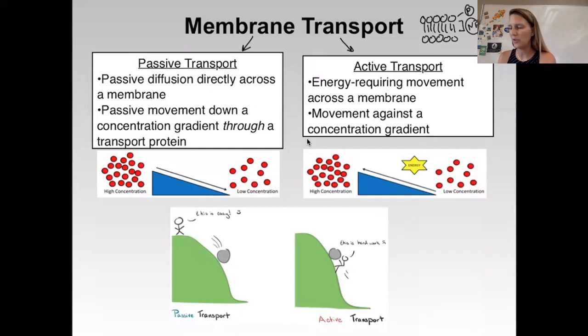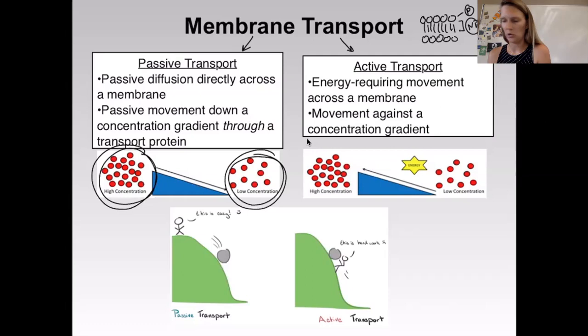So passive diffusion is where something can diffuse from a high concentration to a low concentration, all right? Right through the plasma membrane. Diffusion, remember, is just going from high concentration to low concentration. Passive transport is diffusing across the plasma membrane.